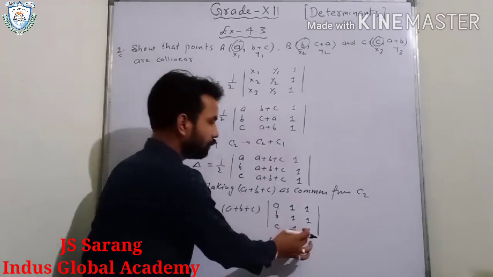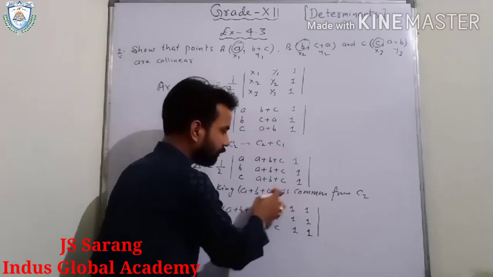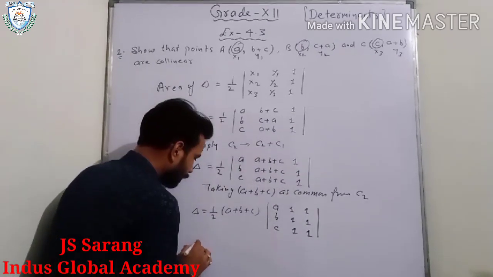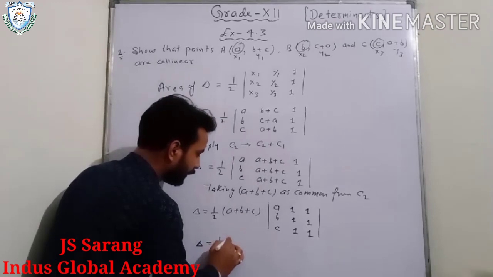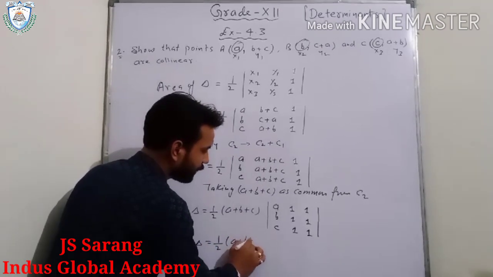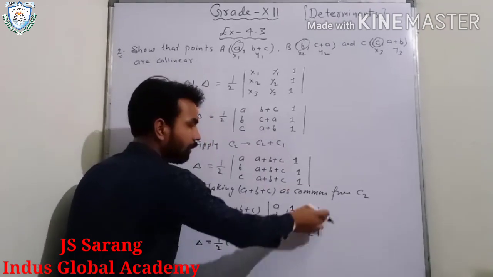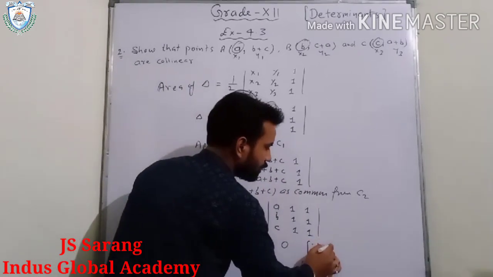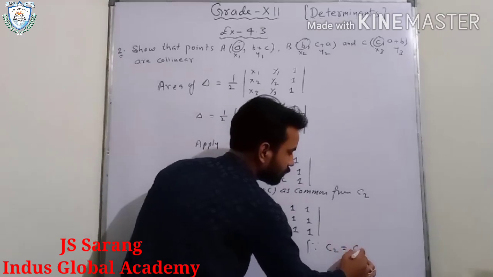So if both columns are identical, then the value of the whole determinant will be 0. So delta equals 1 by 2 times A plus B plus C into the value of this determinant, which will be 0. The reason you have to mention here: since C2 equals C3.